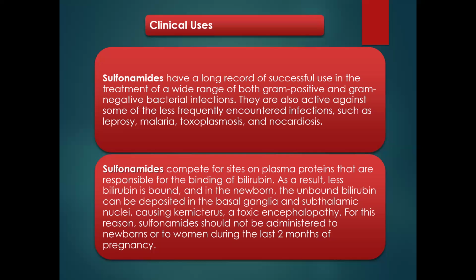As such, the plasma proteins are active to take away the bilirubin for conjugation by the liver and excretion through the alimentary canal. But because the septrin or any of the sulfonamide-based drugs are there in the circulation, there will not be much available protein to carry this bilirubin for conjugation.